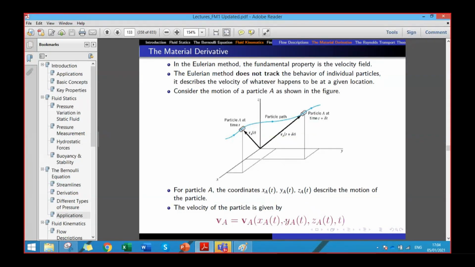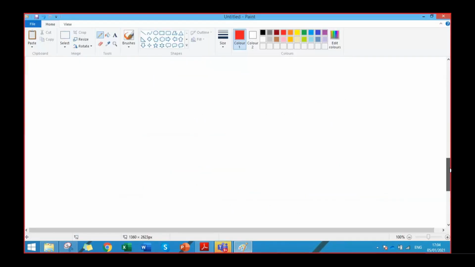If I say that VA is the velocity of the particle A, this VA is dependent on location X, which changes with time, right? It is a function of location Y, which changes with time. It changes with Z, which is a function of time. And this velocity itself changes with time. Clear?